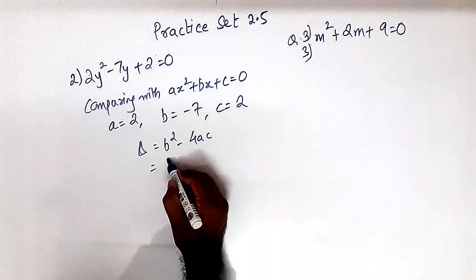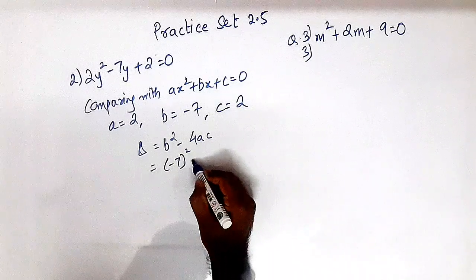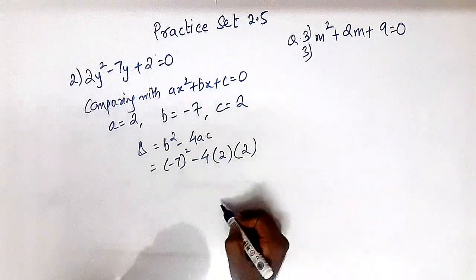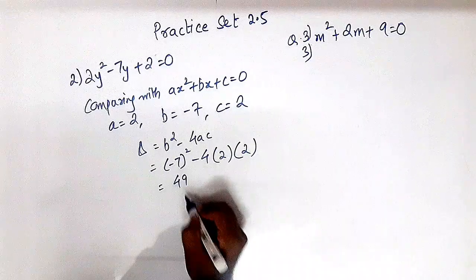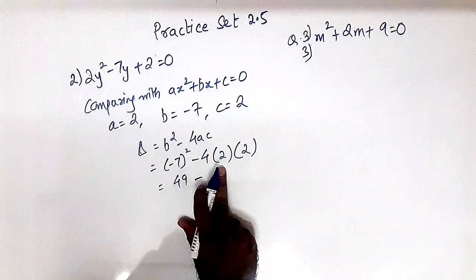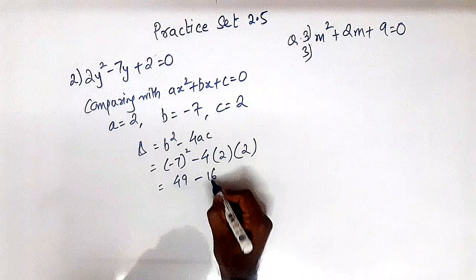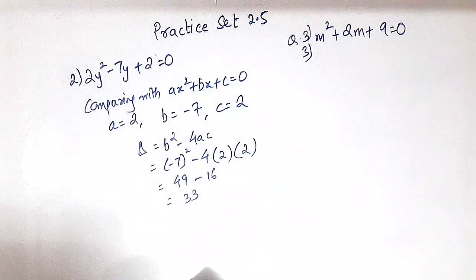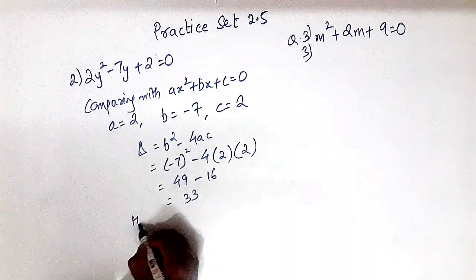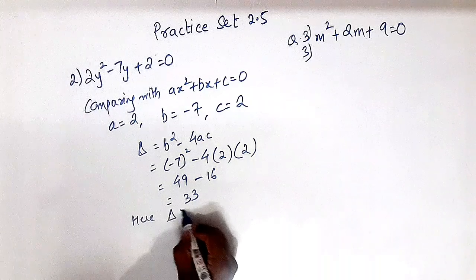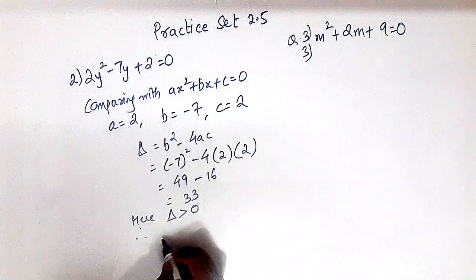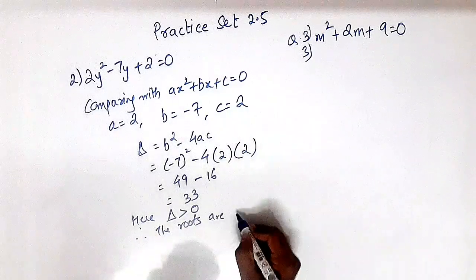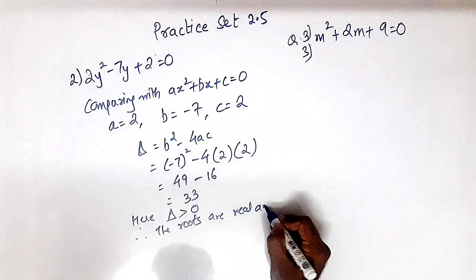Let us see what is b square, minus 7 square, minus 4, what is a? 2. What is c? 2. So this becomes 49 minus 4 2s are 8, 8 2s are 16. So what is 49 minus 16? It is 33. So here I'll write the discriminant is greater than 0, therefore the roots are real and unequal.